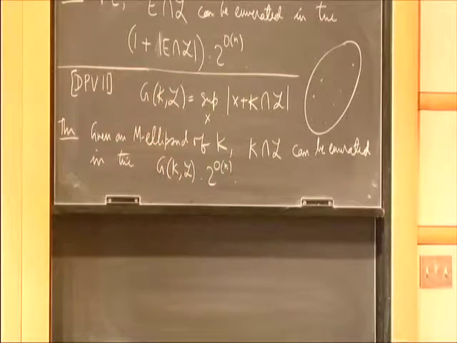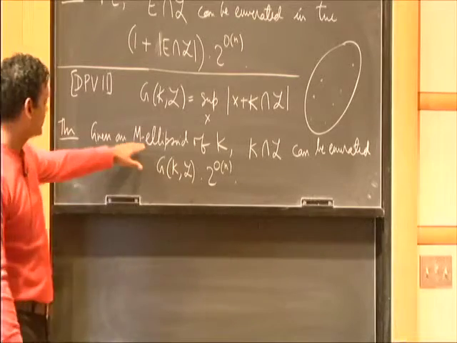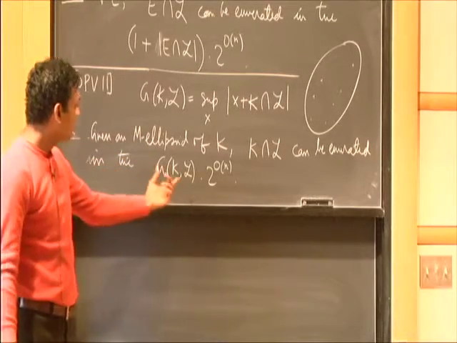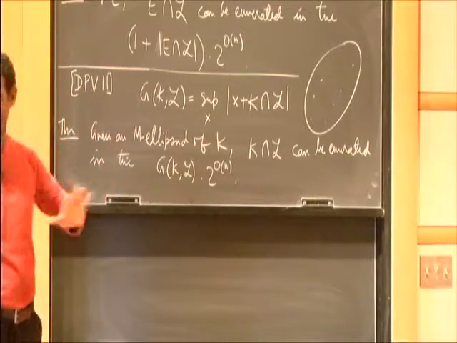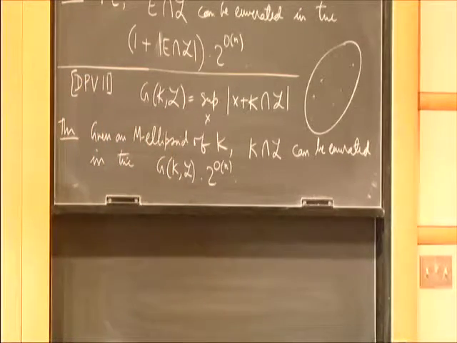Okay. So two things here. First, we need an M-ellipsoid, and second, we're picking up not K intersect L but G(K,L), which could be different. A shift might have many more points than the original.